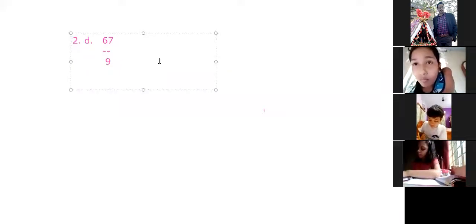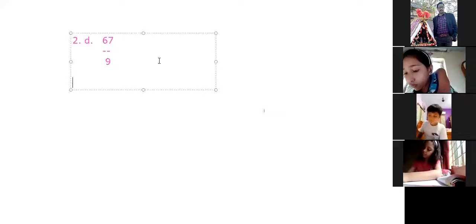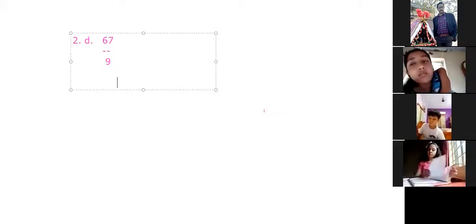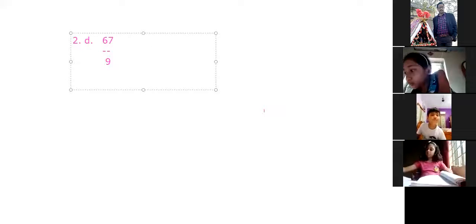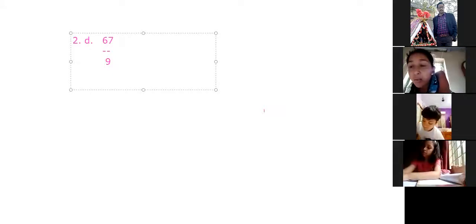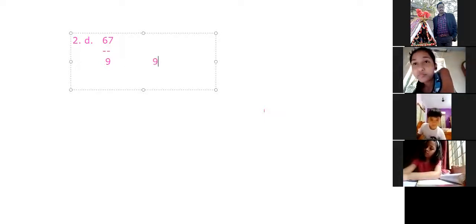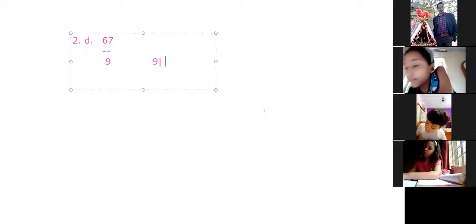Divide the numbers and find the quotient and the remainder. How to place the fraction, that also I have shown you. So divide 67 by 9.